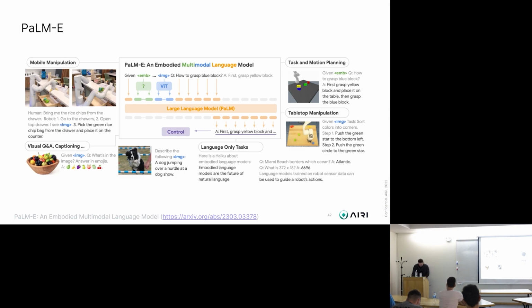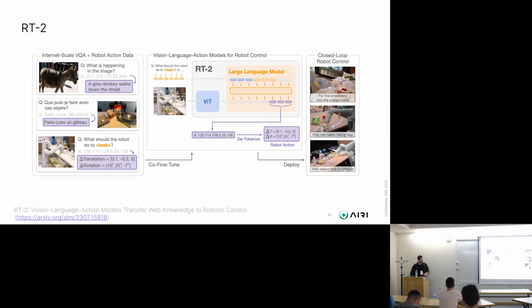But as an extension of this work, there's another model that just appeared a few months ago. Here they use Palm-E at the core, or another variant of a visual linguistic model.